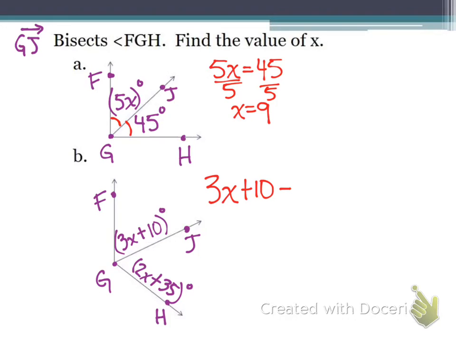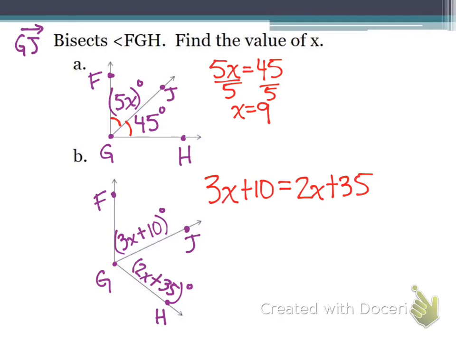So 3x plus 10 is equal to 2x plus 35. On some of these problems, you might have to set up your own equations. If something's getting bisected, the two pieces are equal to each other, just like with segments. You have a segment bisector.